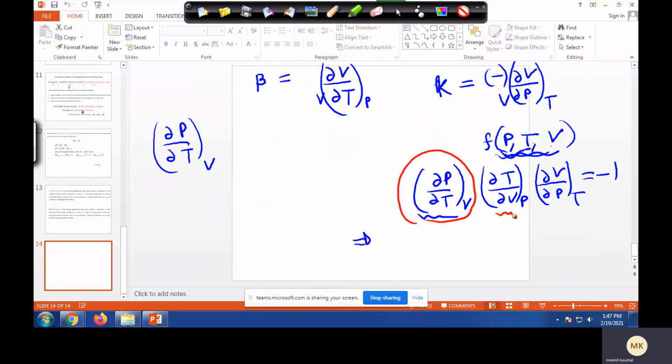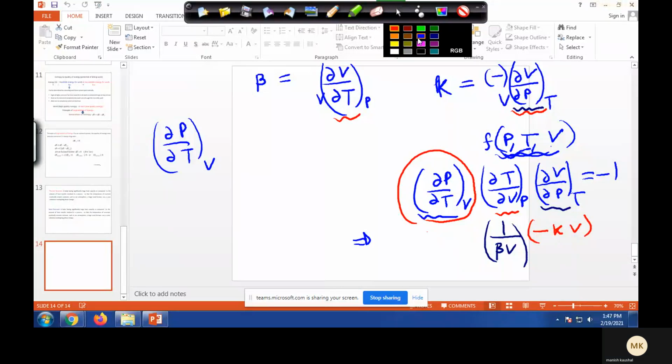And if you see carefully, this is beta V. So ∂T/∂V at constant P is nothing but 1 by beta V. And you see this ∂V/∂P at constant T here is minus kappa V. And then here we have this term as it is.